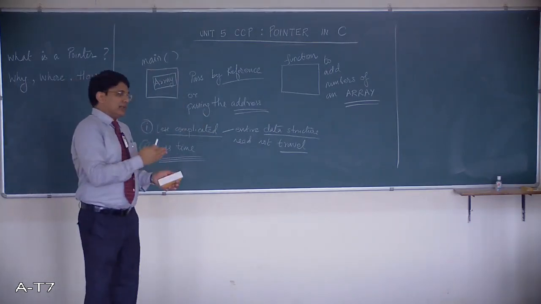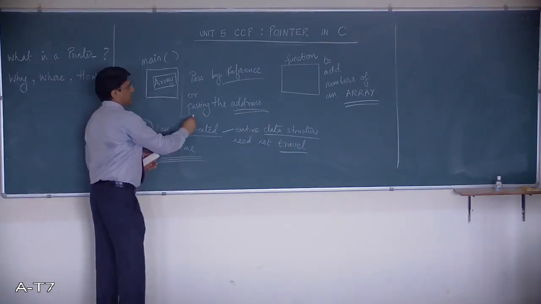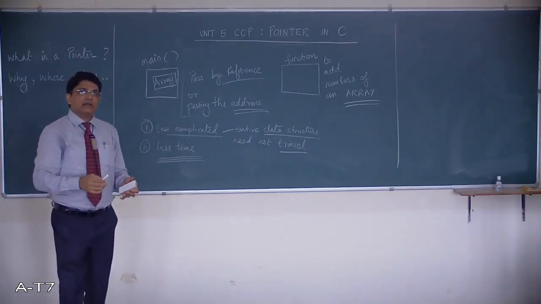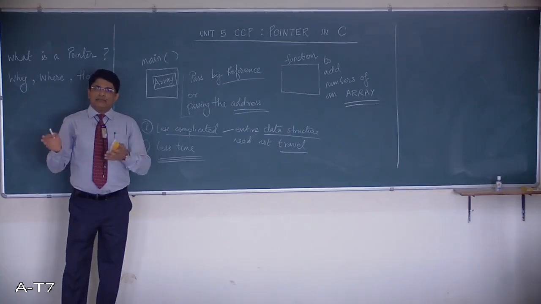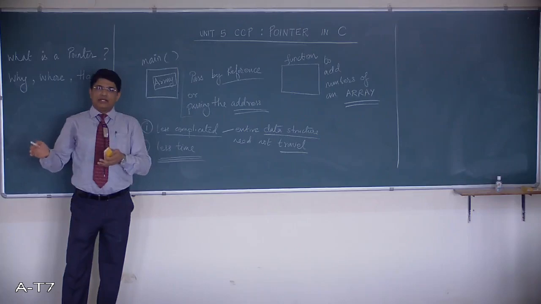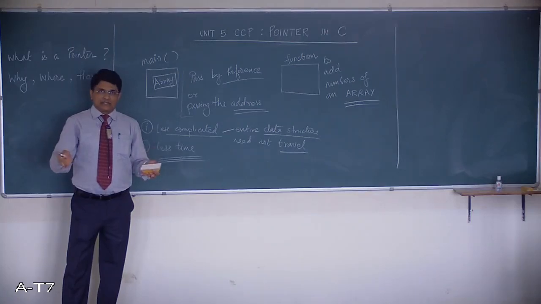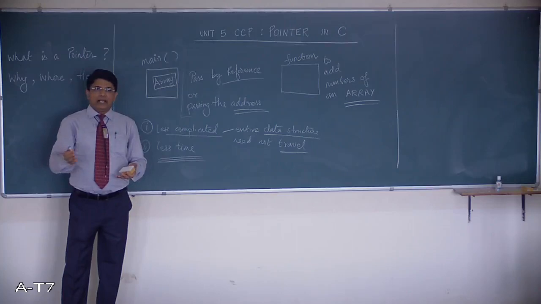So what the pointer does is it follows the principle of pass by reference or passing the address. So now imagine if the main function is going to pass the address of this huge array which contains 1 million records. It does not actually pass the entire array or the data structure. It passes just the address.